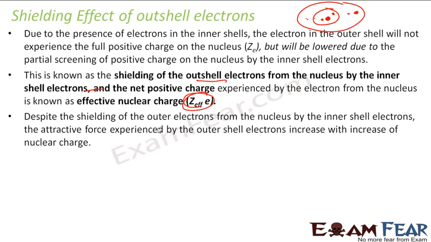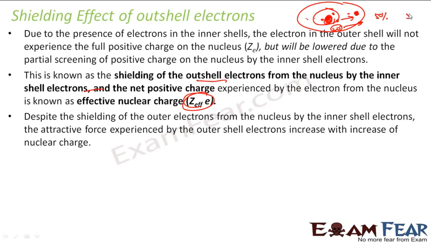But despite the shielding of the outer electron by the inner electrons, the attractive force experienced by the outer electrons increases with an increase in nuclear charge. Let's suppose the nuclear charge is 10, and this becomes 20. Suppose there's a 50% decrease by the shielding.